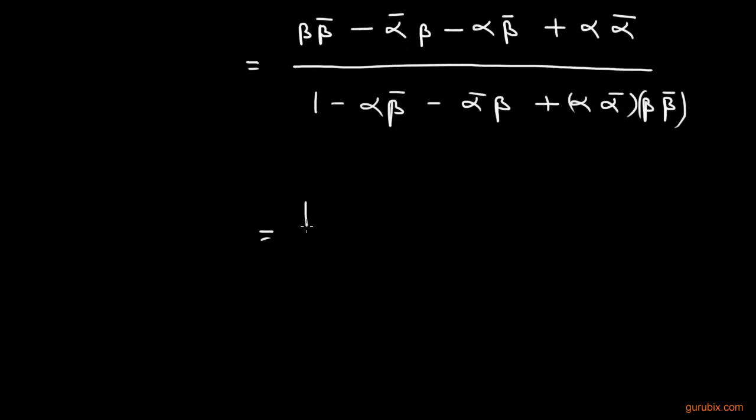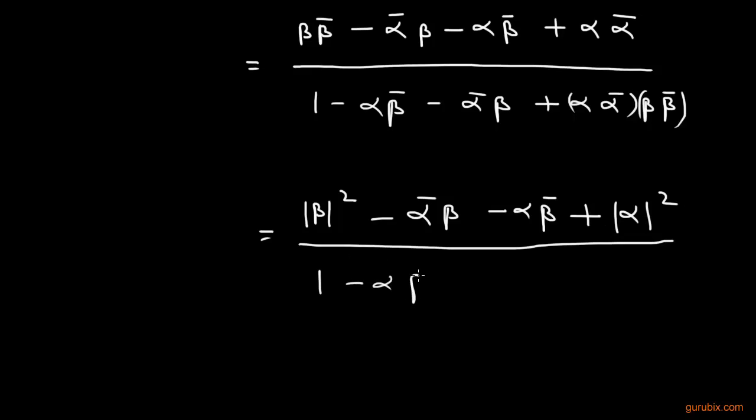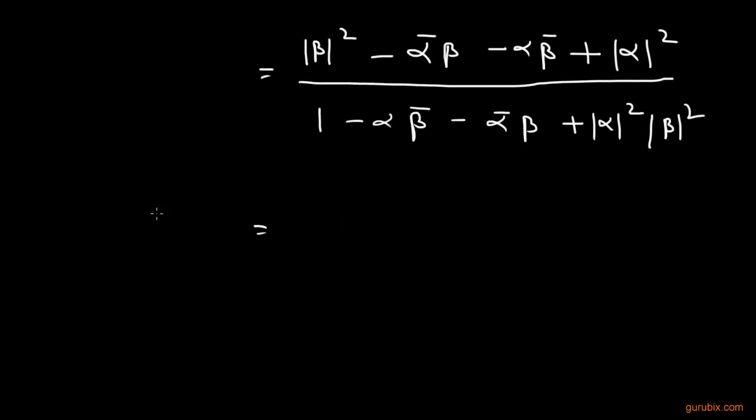The numerator value will be |beta| squared, minus alpha conjugate beta, minus alpha beta conjugate, plus |alpha| squared. The denominator is 1 minus alpha beta conjugate minus alpha conjugate beta, plus |alpha| squared |beta| squared, and we are given that |beta| = 1.